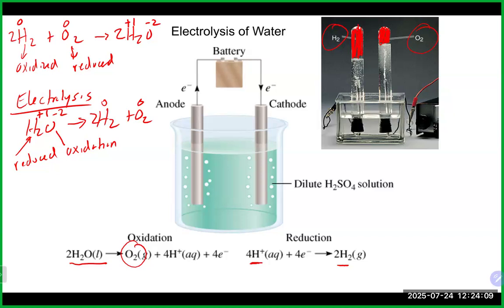But oftentimes what they will mention is something like, hey, you're doing an electrolysis cell with a dilute solution of sulfuric acid or some type of acid solution. So typically, if you see an electrolysis problem that doesn't mention water but mentions something about some dilute acid, it's probably the electrolysis of water. And if you need to use the half reactions, then these would be the half reactions that you would want to use in this situation. Any questions on that there?